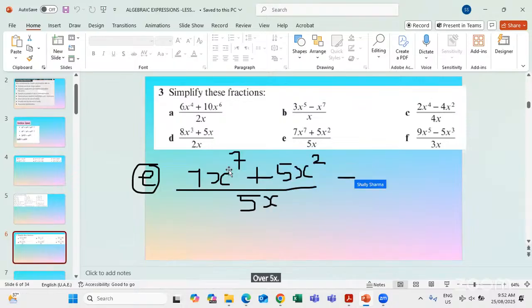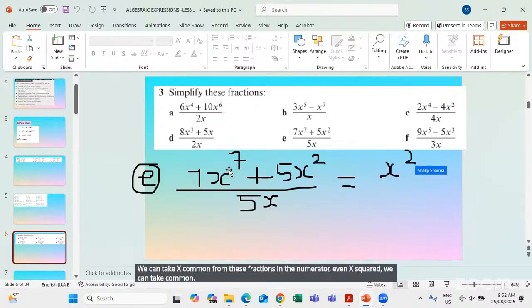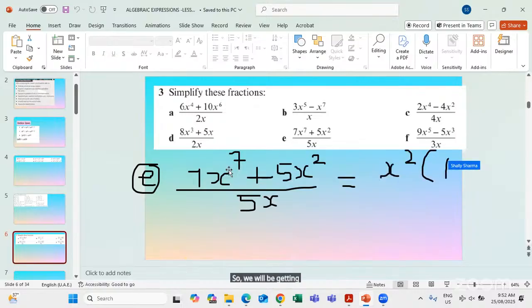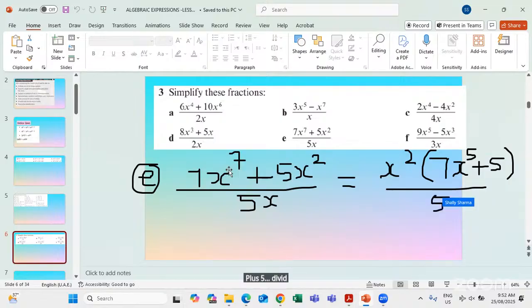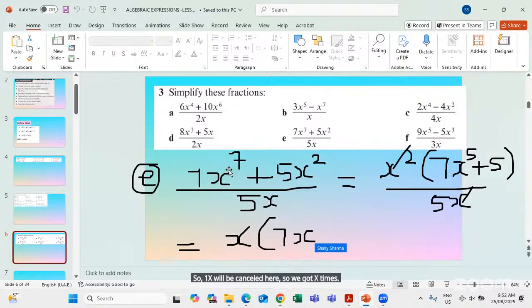So what you can do here is take x common from these terms in the numerator. Even x square we can take common. So we will get x squared times 7x to the power of 5 plus 5, divided by 5x. So 1x will be cancelled here. So we got x times 7x to the power of 5 plus 5, divided by 5.